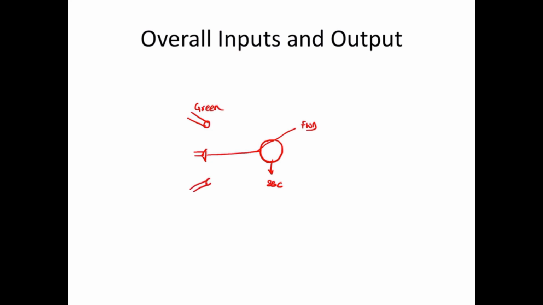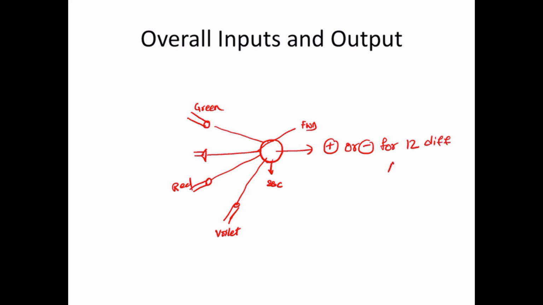The second thing is, this cell is again hit by a red laser, a green laser and a violet laser, and in turn these 3 lasers are going to activate 12 different fluorochromes and help us understand the presence or absence of 12 different antigens on these cells.